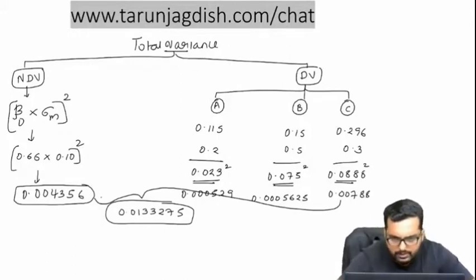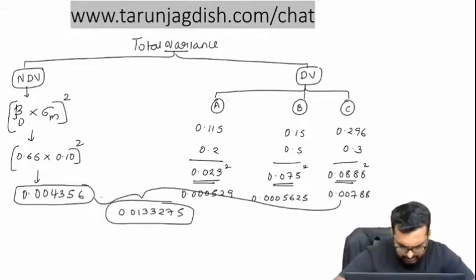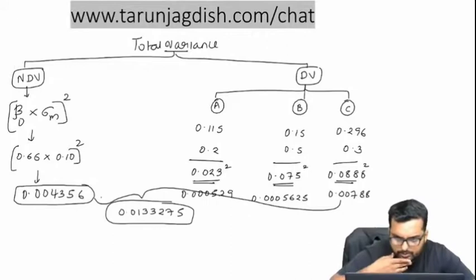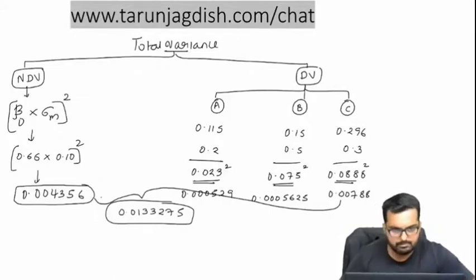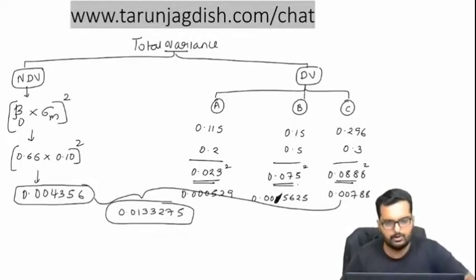This is correct, friends. 0.011, 0.133. Maybe some arithmetic mistake has happened. 0.004536. Let me just check. There is some arithmetic mistake. This is 00. This is not 000. That's why we went wrong.